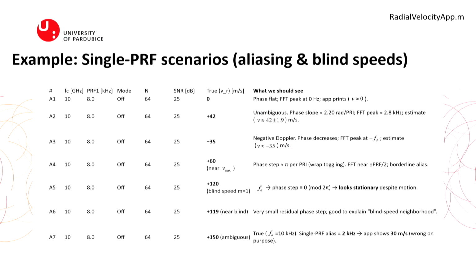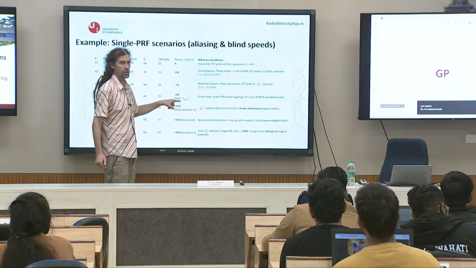If I put minus 35, it is okay. The negative sign just means that the target goes away from me and not close to me, so it is clear. If I put plus 60, I am at maximum speed.